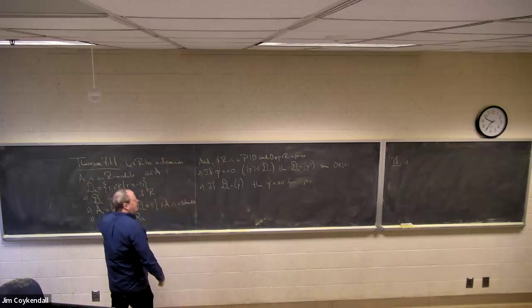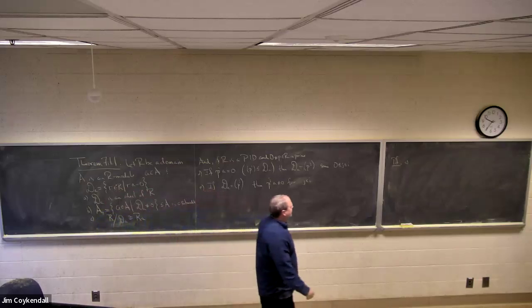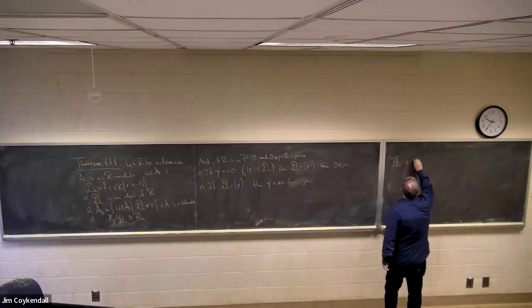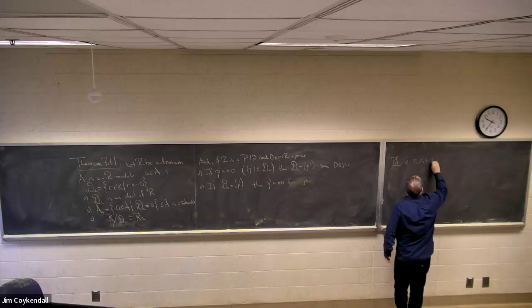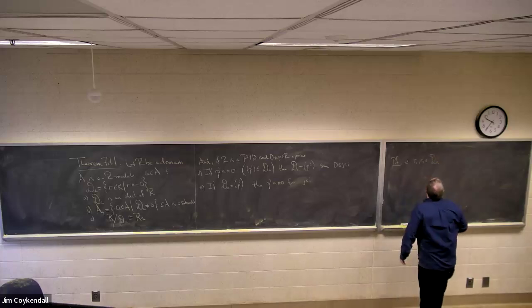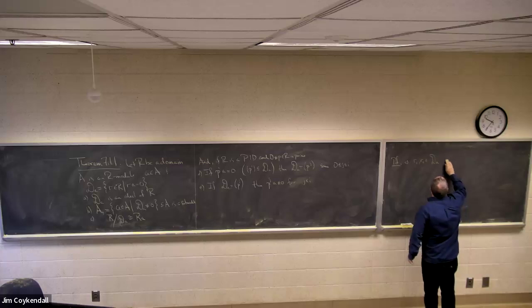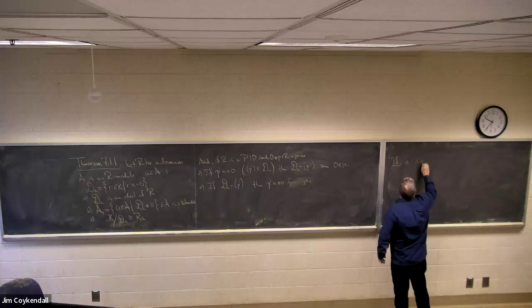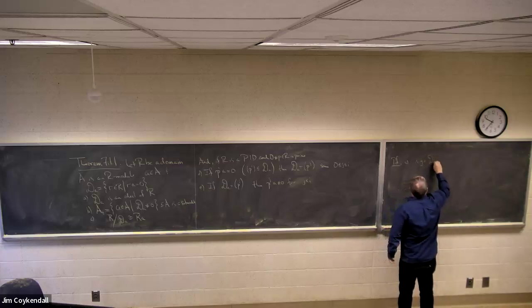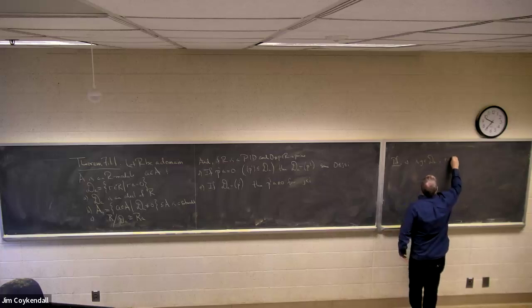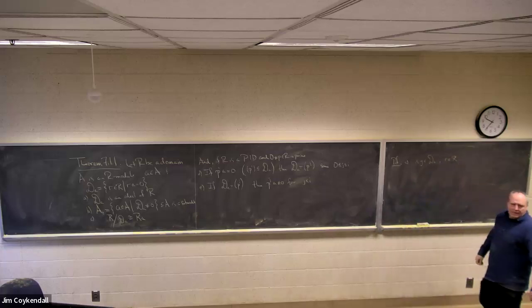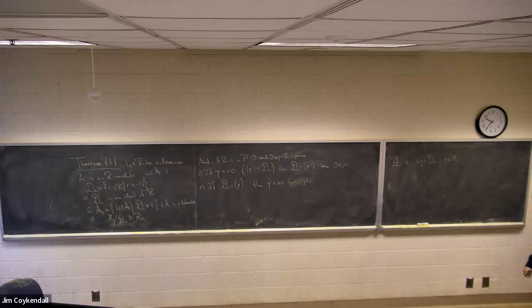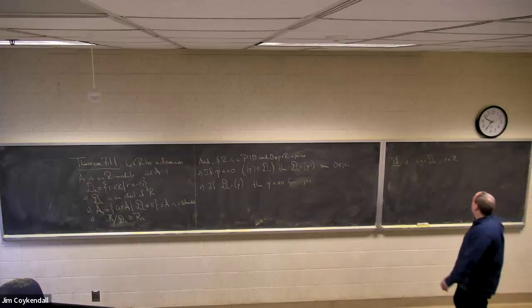Okay, I need to show that this is an ideal of R. So let's let r1, r2 be... well, actually, that's not right. Let's do this. Let x and y be in A and r be in I. I want to show that x plus ry is still in it.